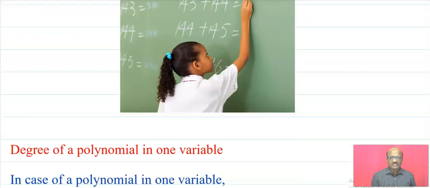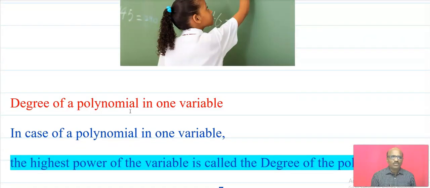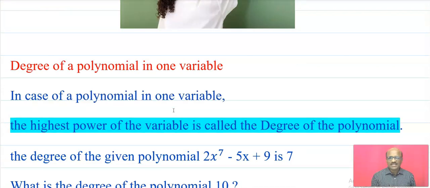Now let's learn the degree of a polynomial in one variable, that is तेथे फक्त एकच व्हेरिएबल असणार आहे, x असणार आहे, y असणार आहे, m असणार आहे, n असणार आहे, एकापेक्षा जास्त व्हेरिएबल नसणार आहे.